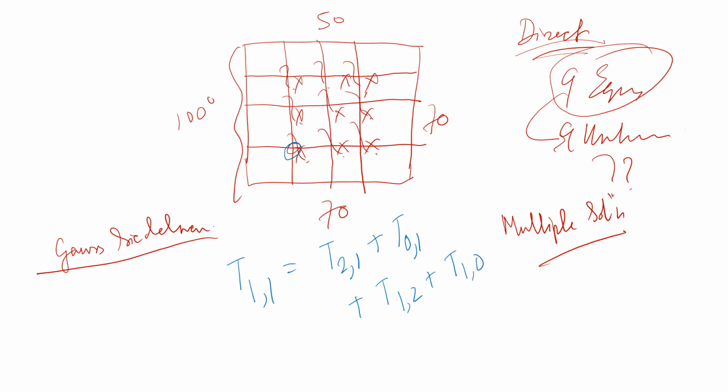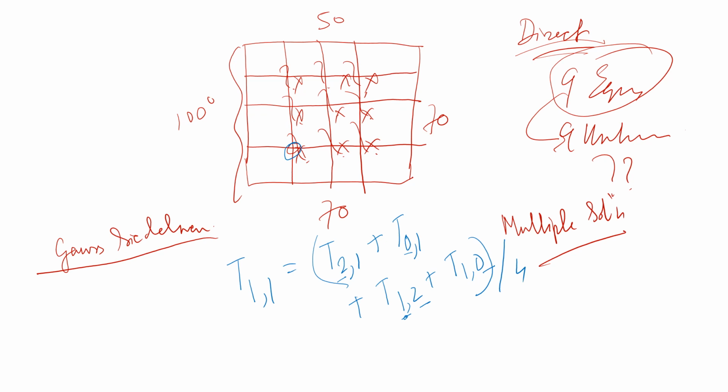As I said, I plus 1 here, I minus 1 here, J plus 1 here, J minus 1 here, because I is the X and J is the Y. And this entire expression will be divided by 4.